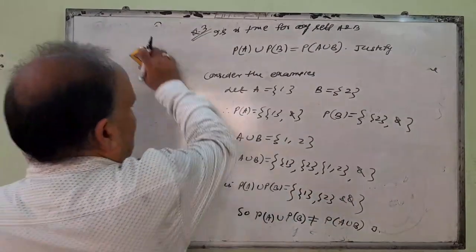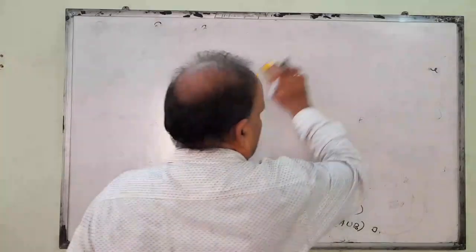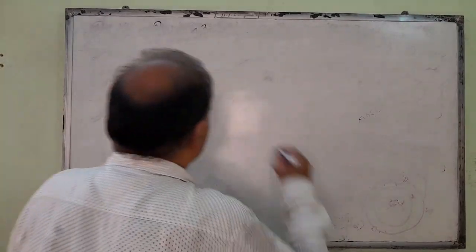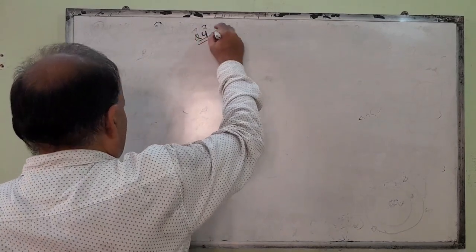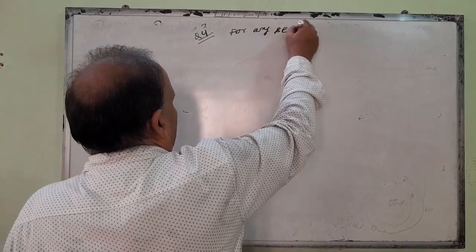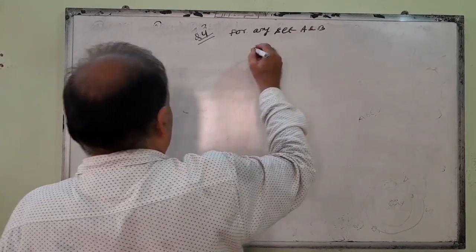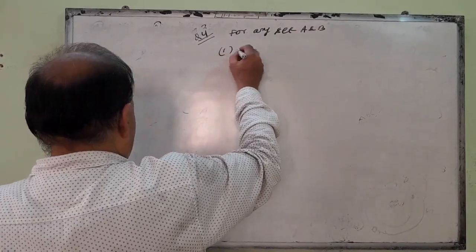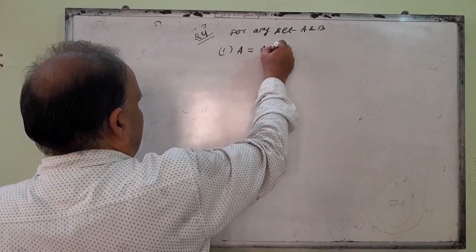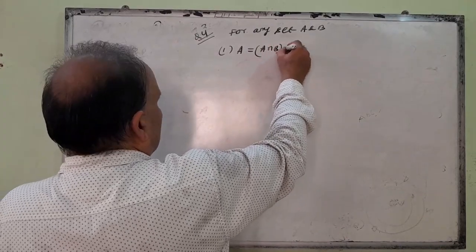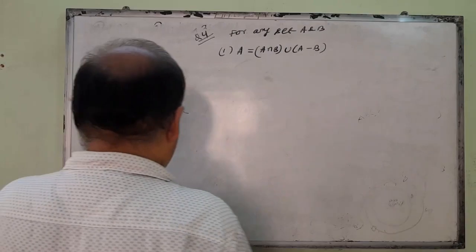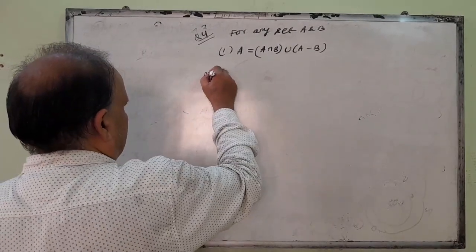Next, come to another problem, that is your question number 4. For any sets A and B, first we prove using set properties: A is equal to (A intersection B) union (A minus B). I will start this proof from the RHS.